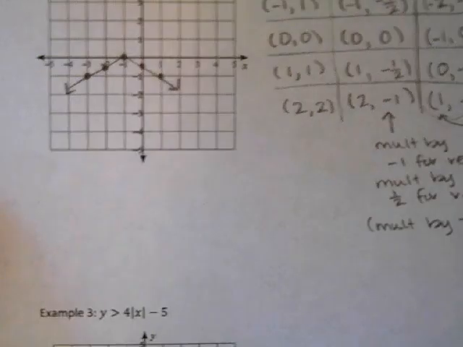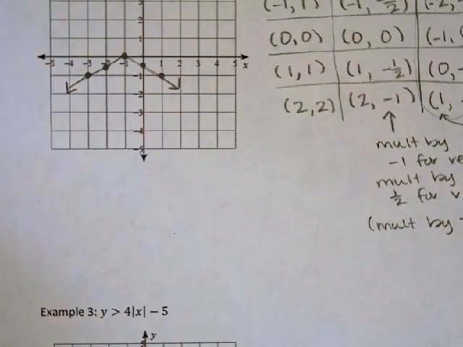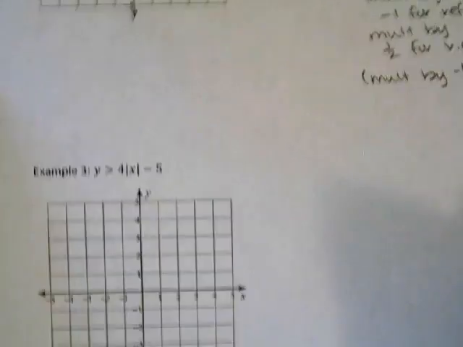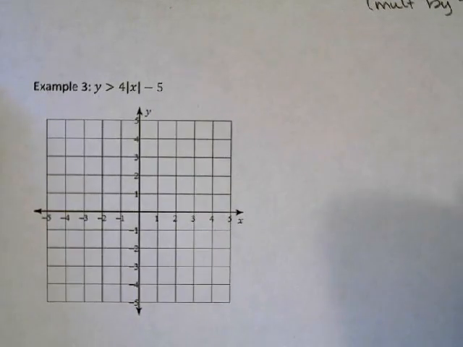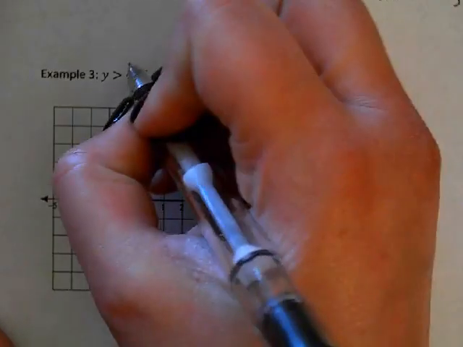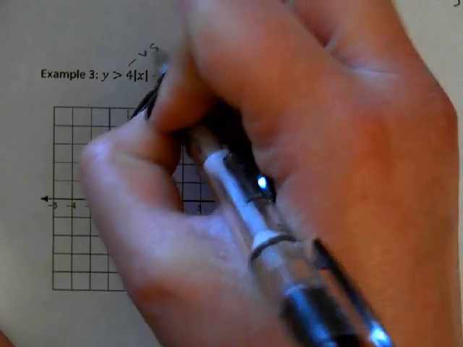All right, what do we think? Transformations. We see. Anybody? Just shout it out. Vertical stretch of 4, okay. And down 5.